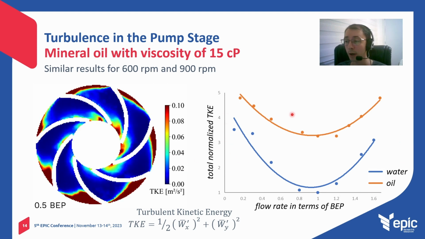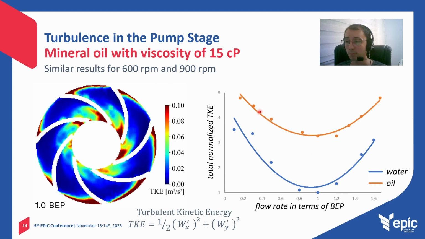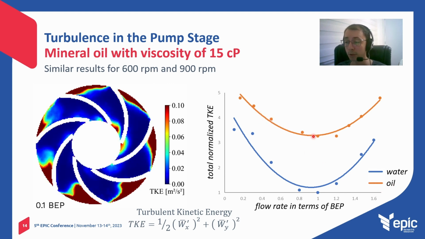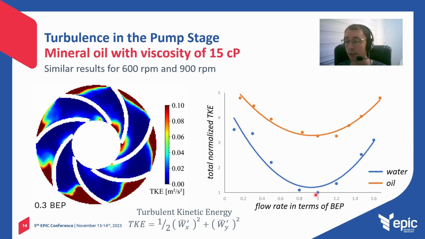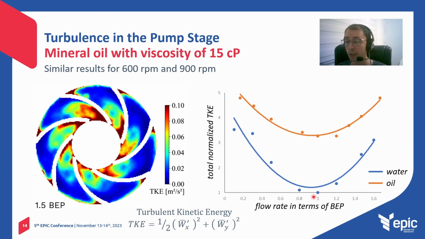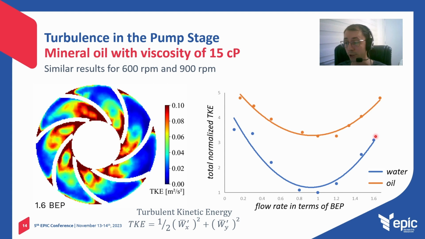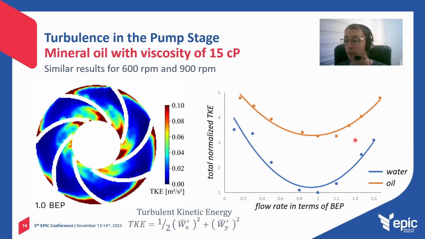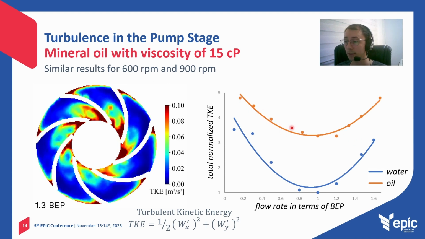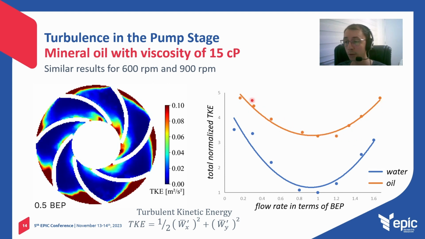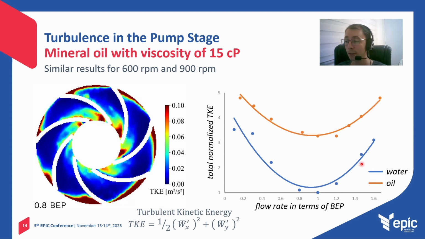And here on the right we can see a first comparison between water and oil, where it is possible to observe that the lowest turbulence occurs at the best efficiency point, and the highest one occurs at the shut-off or open flow conditions. But also it's possible to note that the turbulence related to the oil flow is much higher than the turbulence associated with the water flow.